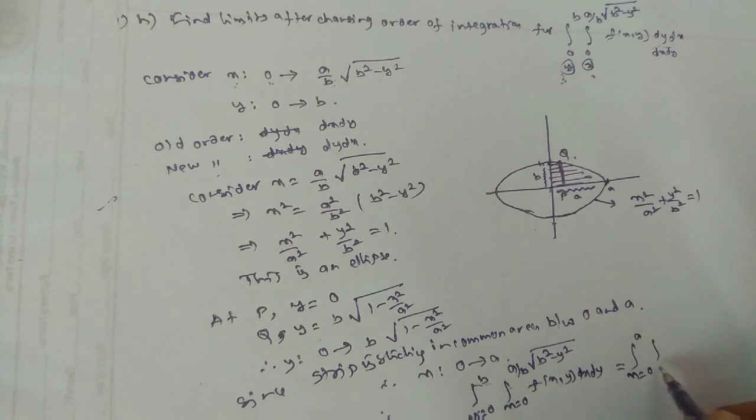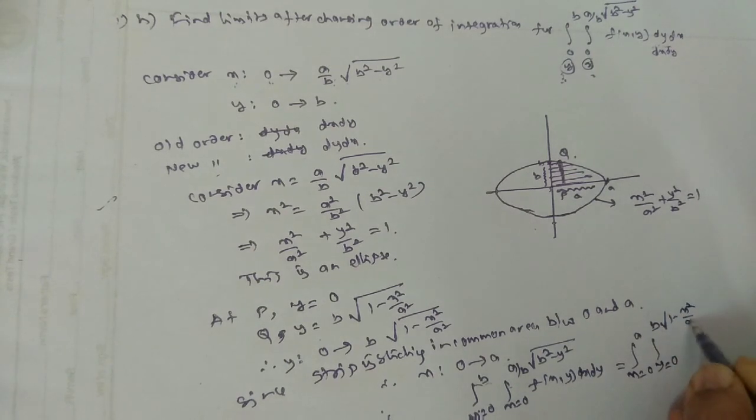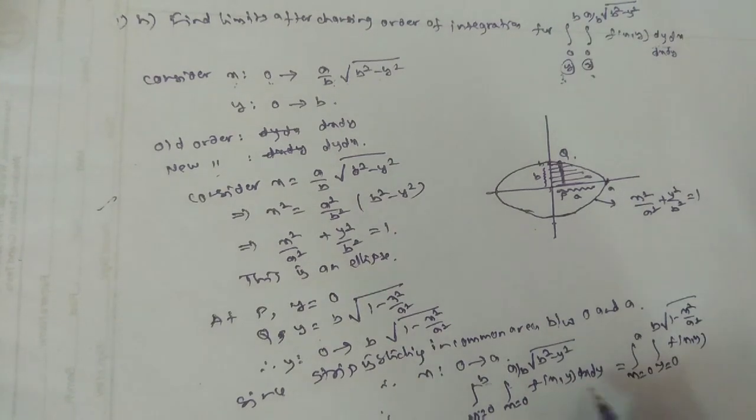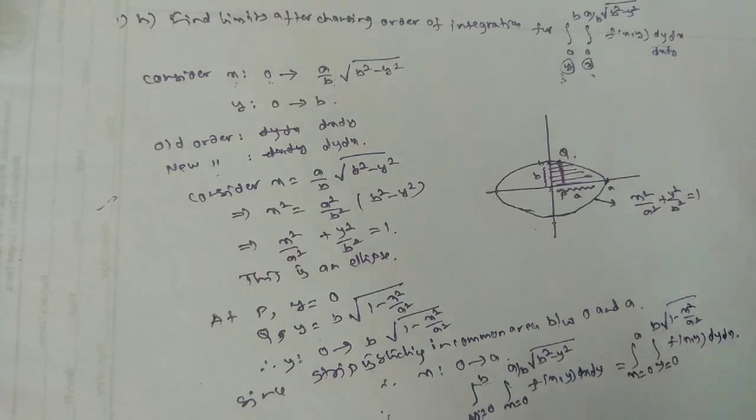Next the y limits: 0 to b into under root of 1 minus x square by a square. Now f of x comma y as it is. Now dx dy is converting into dy dx. This is about the new limits after changing the order of the integration.